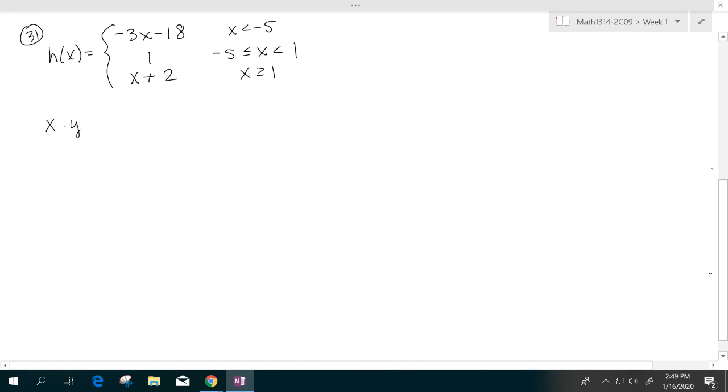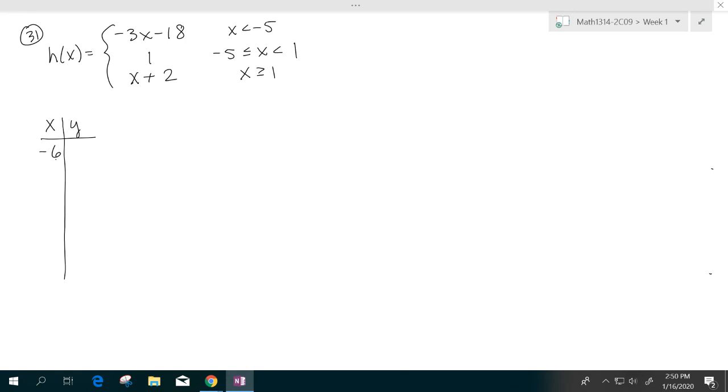Right, so if I'm going to graph this, can somebody pick an X that is definitely in the top piece? -1 is not in the top. Oh, the top. -6 would be, because -6 is less than -5.